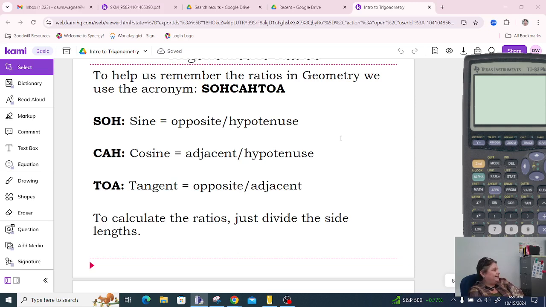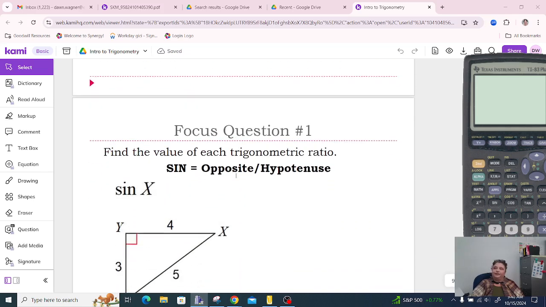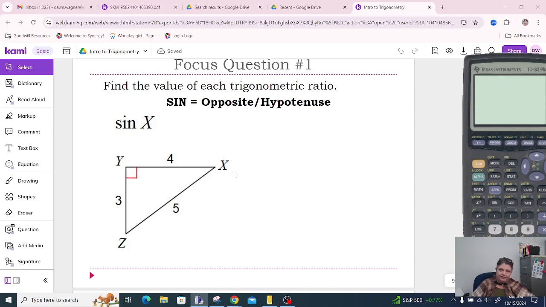That's just a mnemonic aid so people remember. Sine, opposite hypotenuse. Cosine, adjacent hypotenuse. Tangent, opposite adjacent. See how that works? Okay. So I just wrote that down for you. So let's look at some of these, which I think I have on the back here.